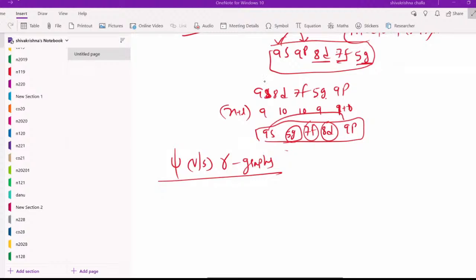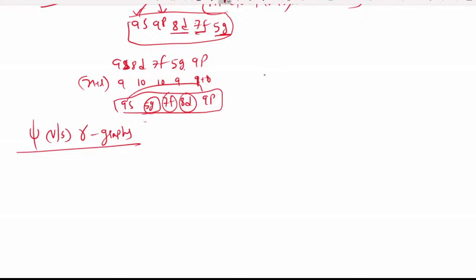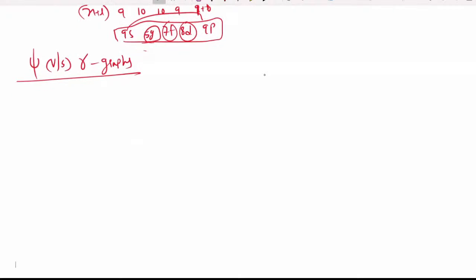You see, psi versus R graphs. How to draw? Sir, in the psi versus R graphs, s orbital graphs are different.